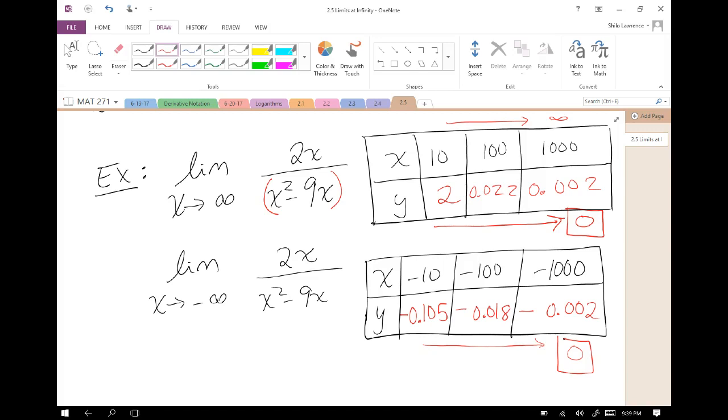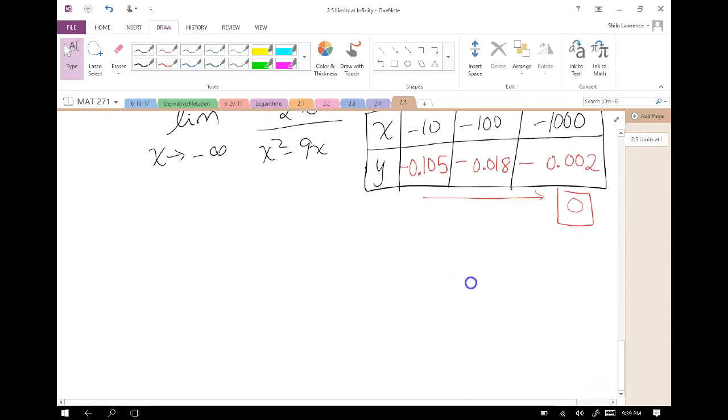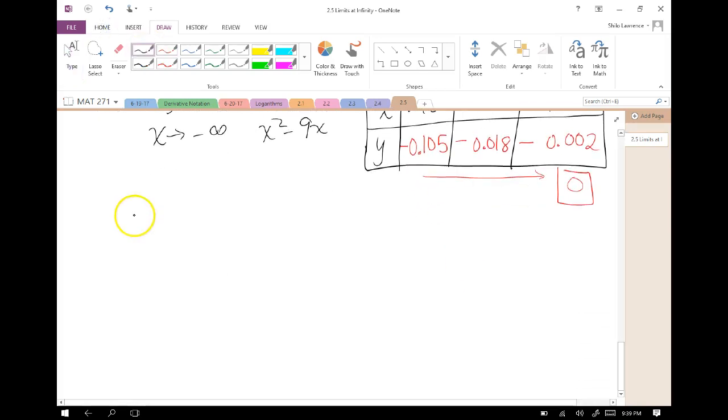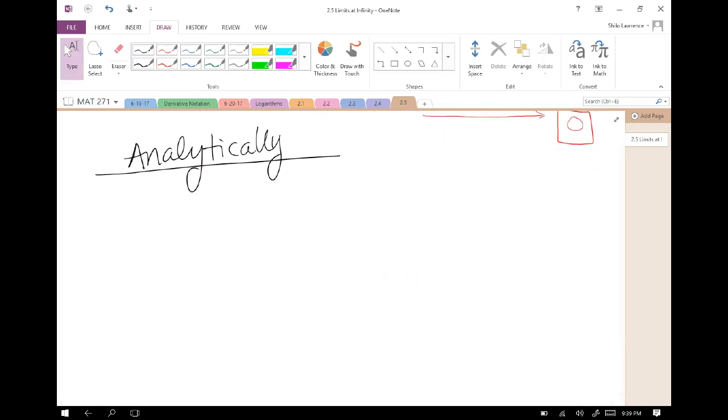Now, since neither of these methods can always guarantee us an exact answer, our preferred method is going to be analytically. And since technically these are the same as horizontal asymptotes, you may remember from algebra class a shortcut for some of these problems on how you can look at your numerator and denominator and figure out what the horizontal asymptote is going to be.